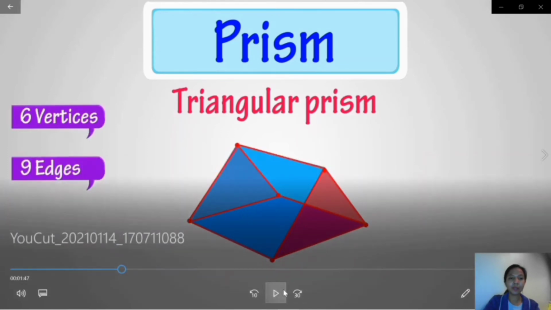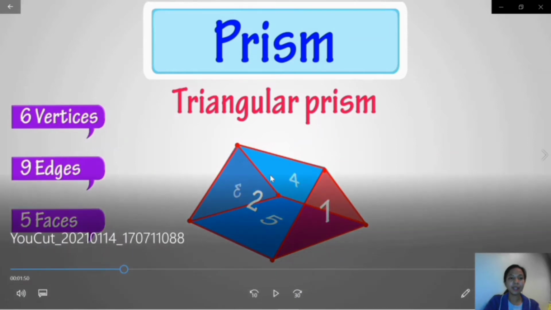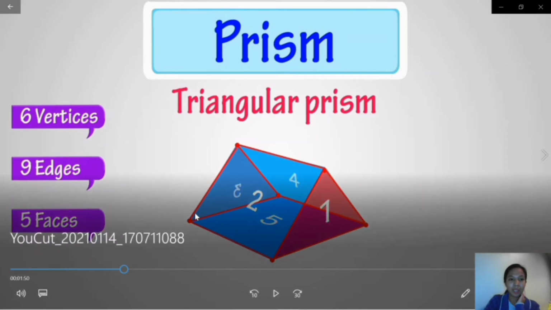In the triangular prism, we have 6 vertices. If you can still remember, a vertex is the point where two edges meet. For example, this edge and this edge meet at this point.